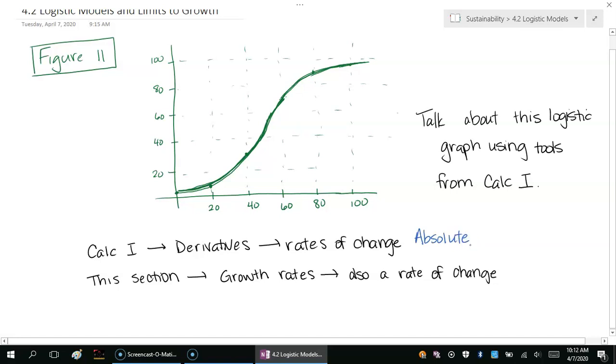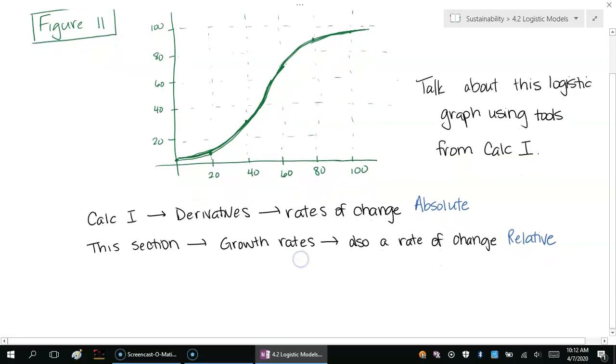And I'll come back to this in a minute to explain why, but you've already read that in this section, when we talk about growth rates, what we're really looking at is a relative rate of change. Okay, so let's talk about how do I know a derivative is an absolute rate of change?